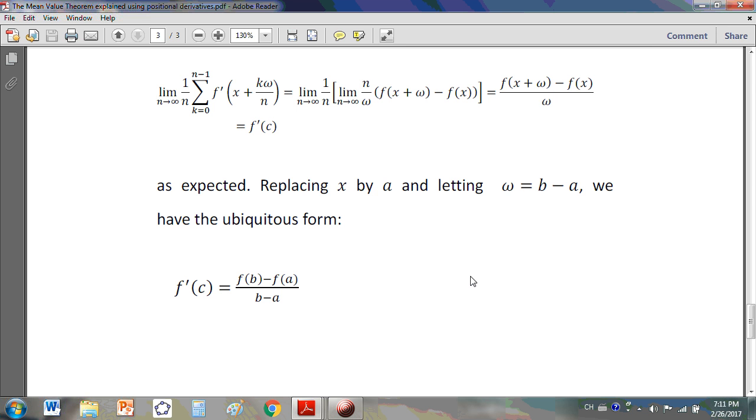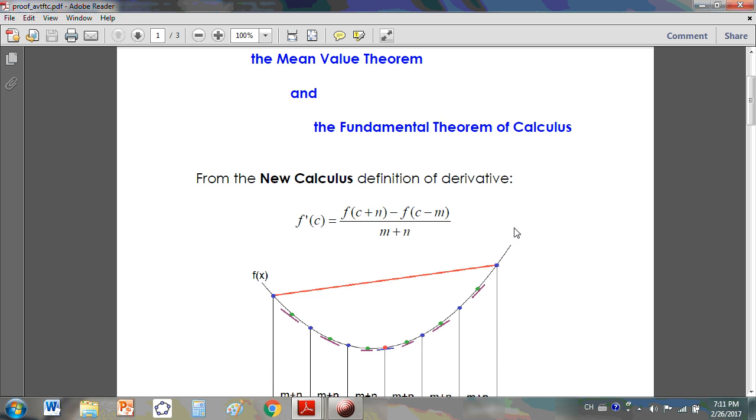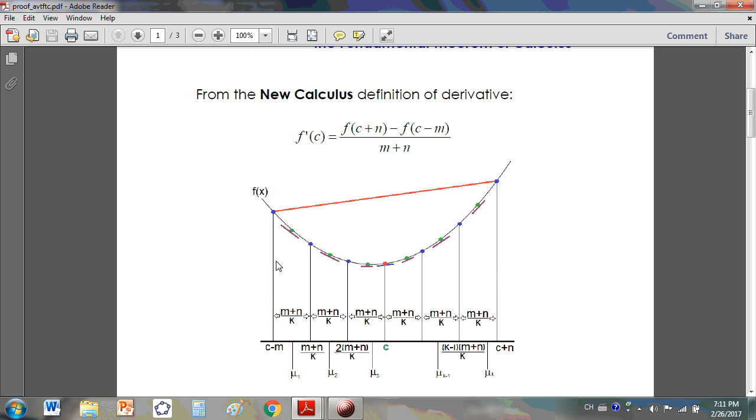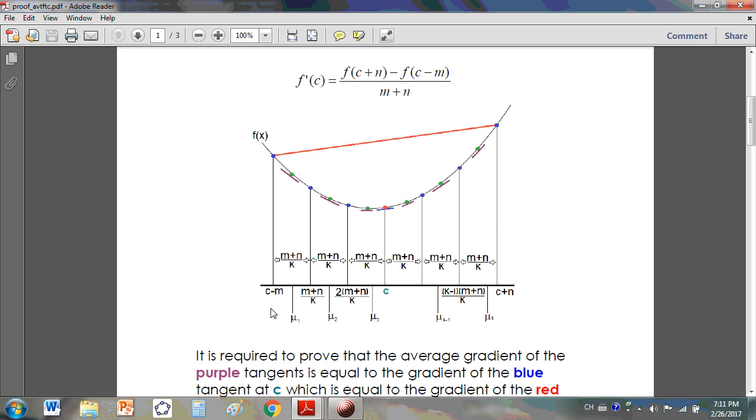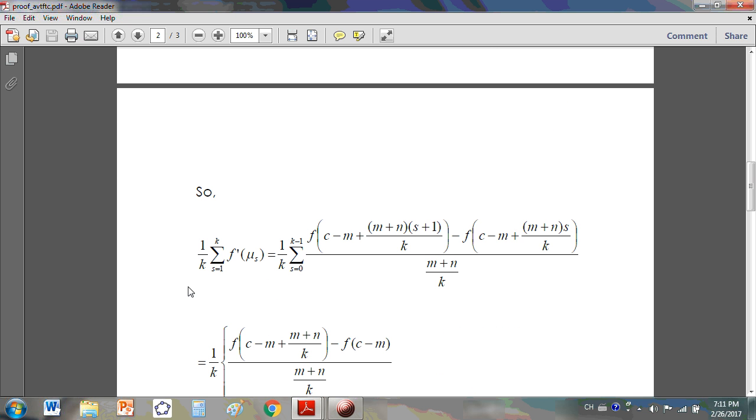So I'm using Newton's and Leibniz's and Cauchy's bogus calculus. This can also be done using the new calculus in a much simpler way by using the new calculus definition of derivative and considering an interval like I've described here in this diagram, and finally doing the same thing as we did in the mainstream calculus, but with no patches, no kludges.